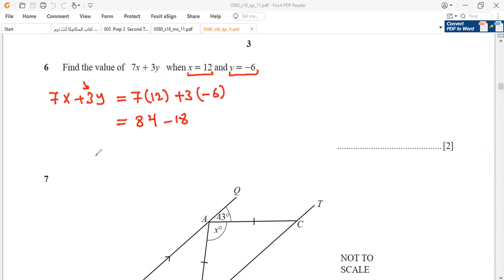So we need to find the value of 84 minus 18.